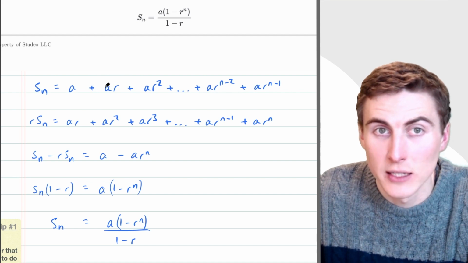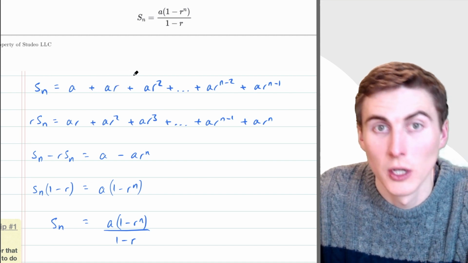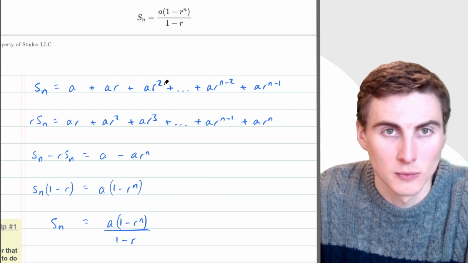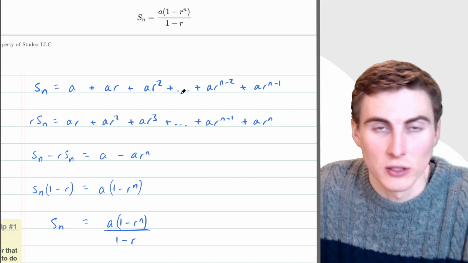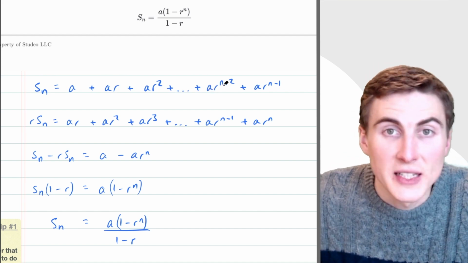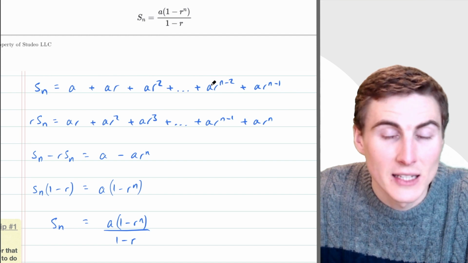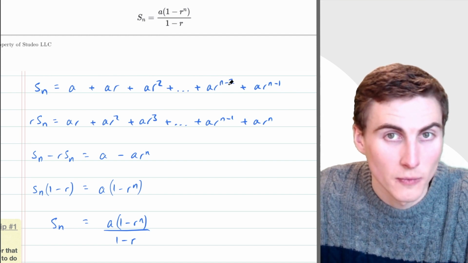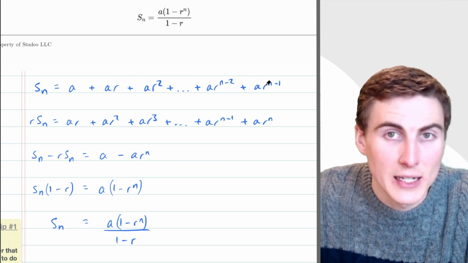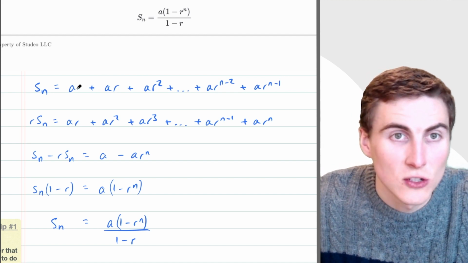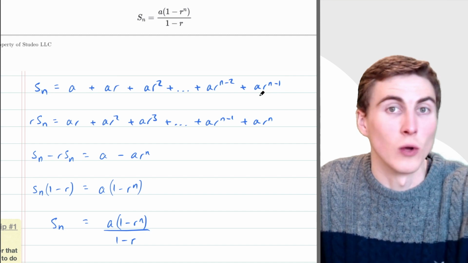Second term would be a times the common ratio r. Third term would be ar squared, and so on. We could go on forever, but the second to last term would be a times r to the power of n minus 2, and the very last term would be a times r to the power of n minus 1. So that's just how you'd write out the sequence if you're writing them all out in algebra.